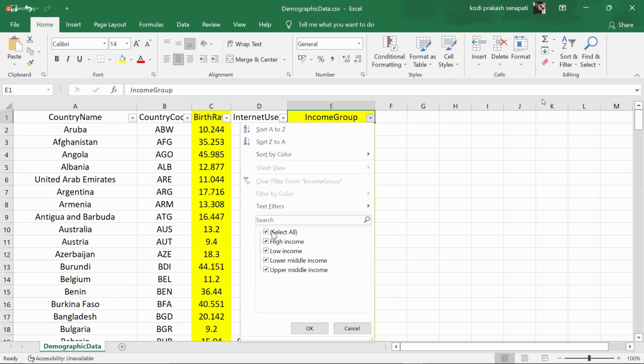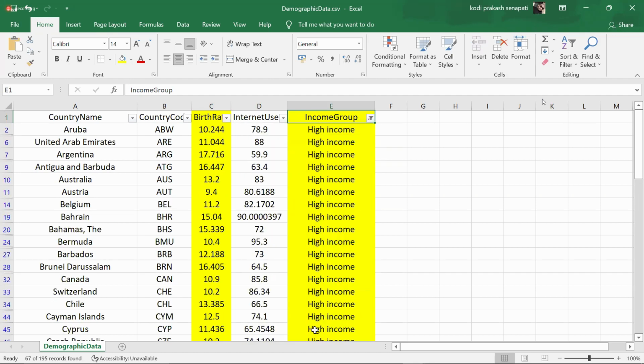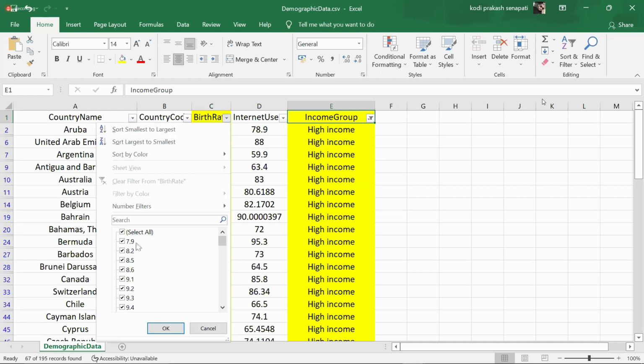Let's select one group, high income. So in high income, the minimum birth rate starts from 7.9 and the maximum is 35. Do you understand?